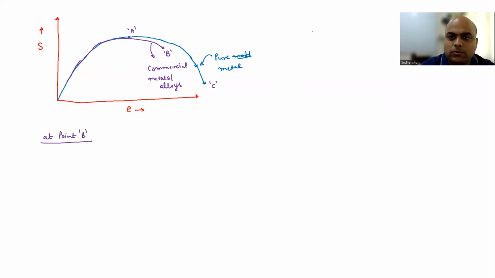Remember, you are doing tensile testing, so we have a dog bone sample with load applied here.